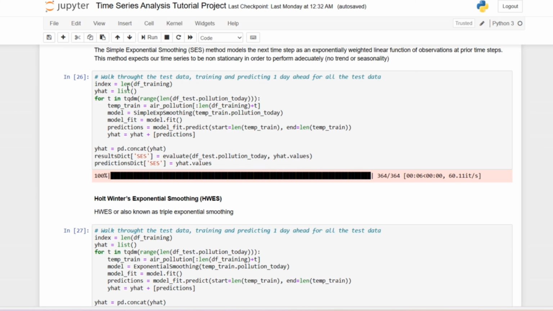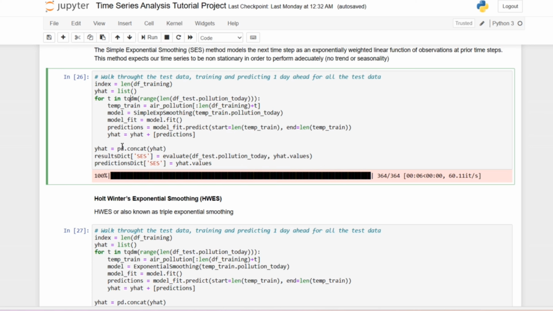We are calling up the index, which is the length of the training data set. We have y hat, which we are collecting in terms of a list, and this is where we are calling TQDM. If this model is used for each time series, we are calling up this simple exponential model, fitting on this model and predicting, and then we are collecting the y hat.